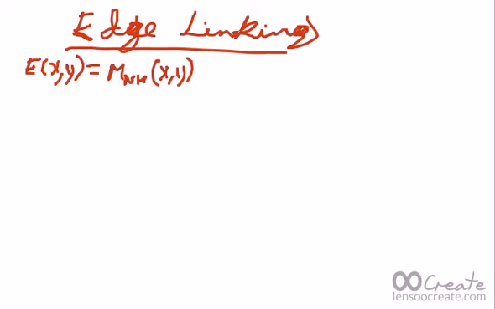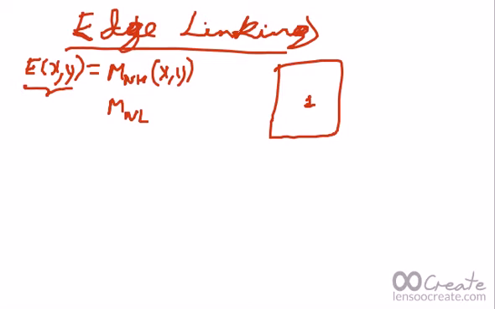For every point with value 1 in MNH(x, y), we look at the values of its 8 neighbors in MNL. For example, if in MNH here we have 1, and these may be any value, 0, 1, whatever.